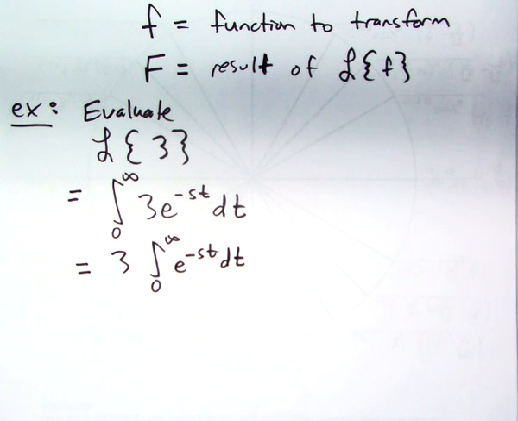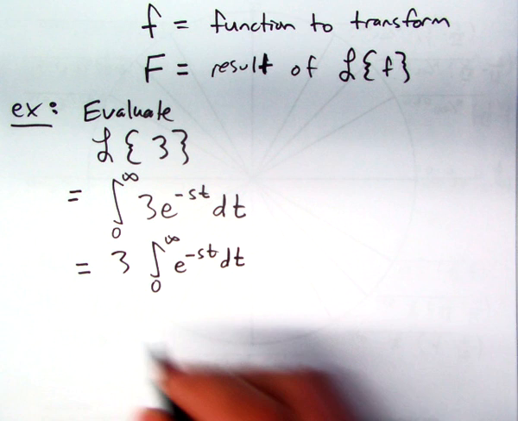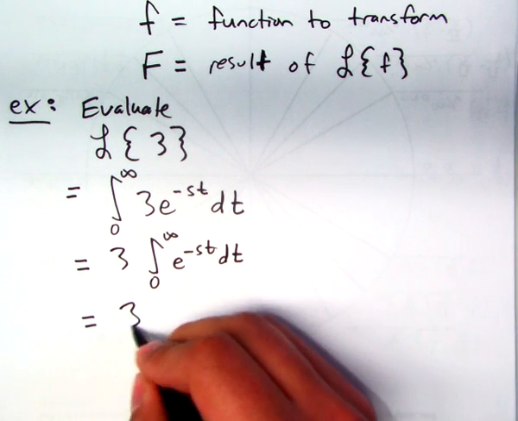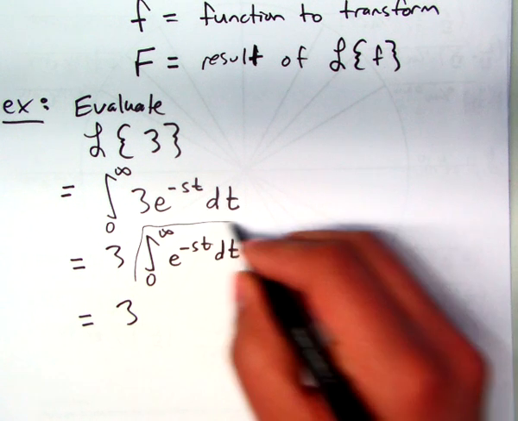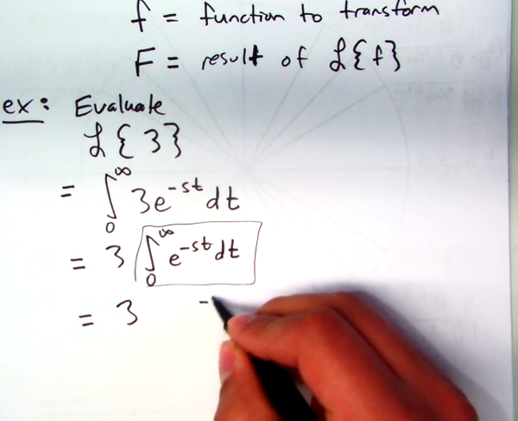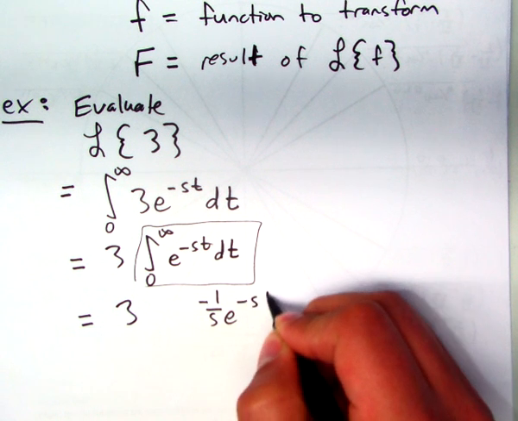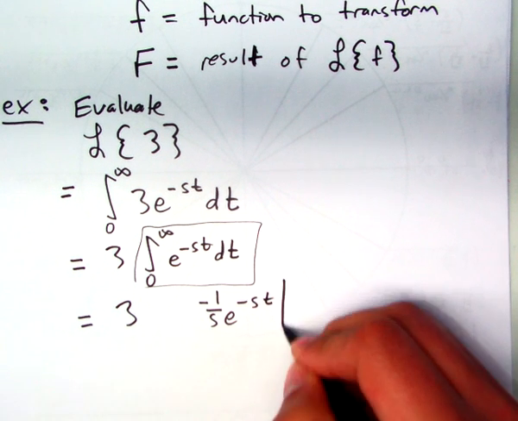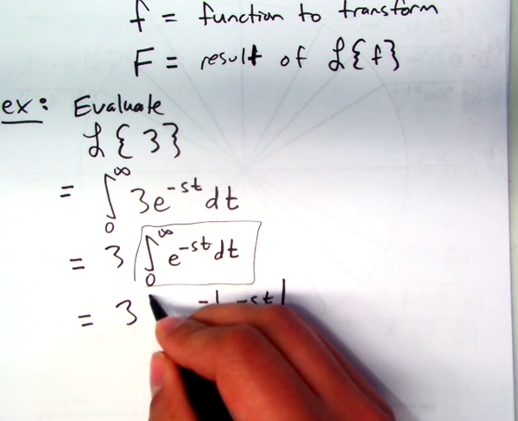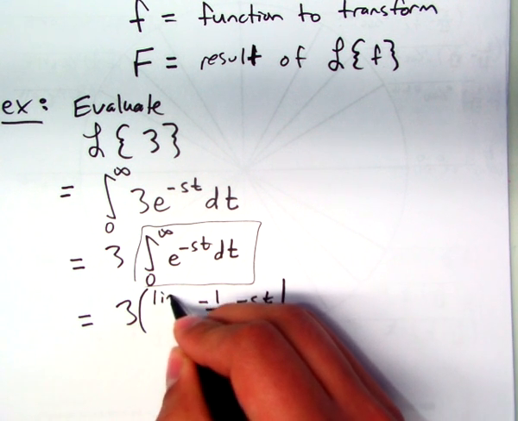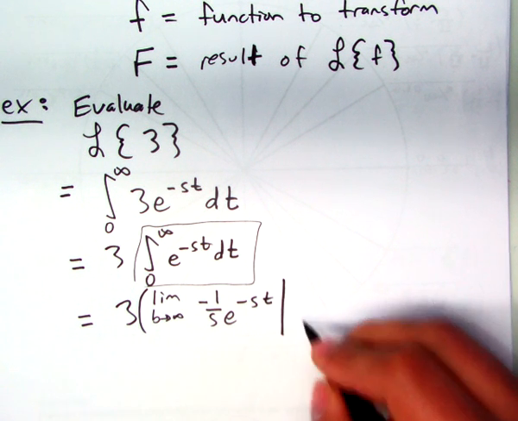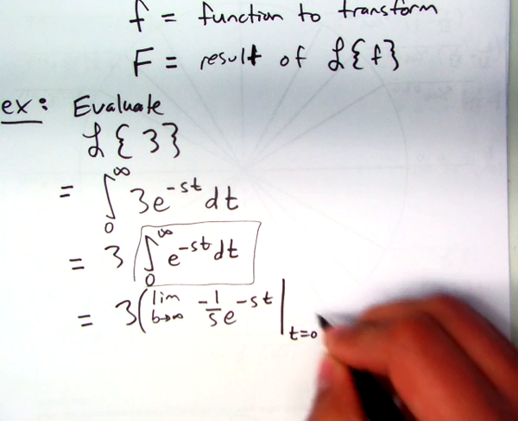And now, using the limit idea, when I integrate e to the minus st, I get minus 1 over s times e to the minus st. But now let's use that b, so we're going to do the limit as b goes to infinity, as t goes from 0 to b.